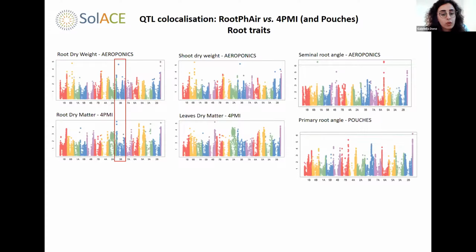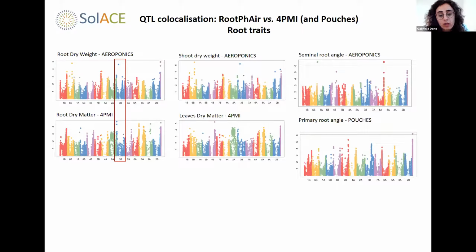We were not so lucky with this because we didn't get any exciting results except for the root dry weight that was measured with both the root PhenoAir platform and the 4PMI platform, and it gave us the result of a colocalization on the 3b chromosome.